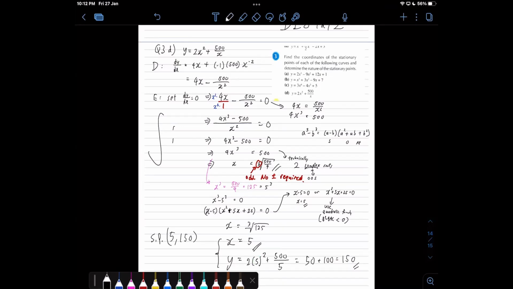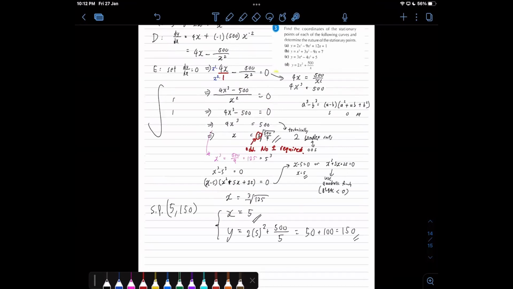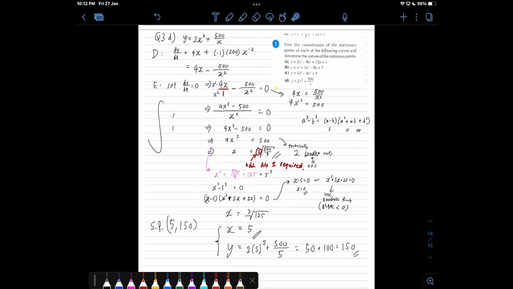Are we done? No. This one, the question is super long-winded. Determine the nature. Let's figure, at this point in time, how many stationary points have you found? Just one.